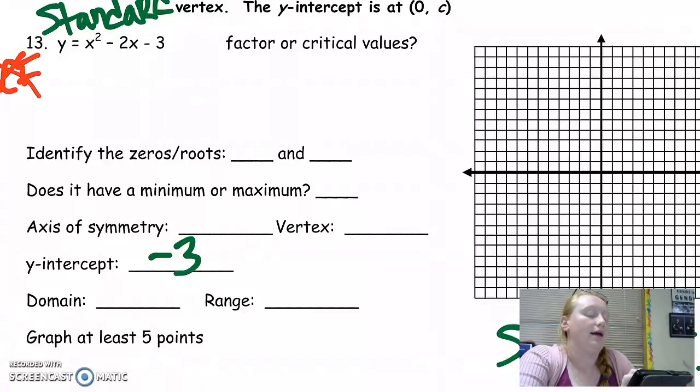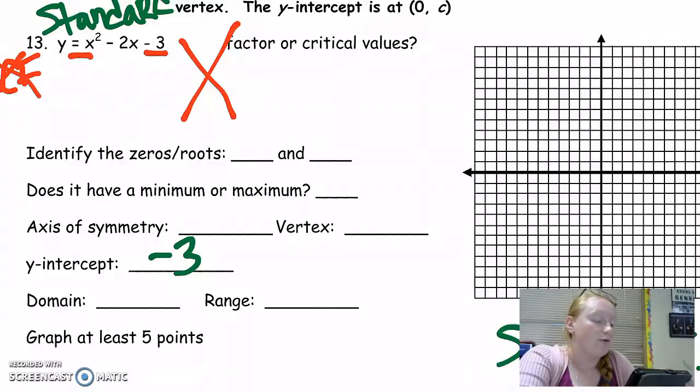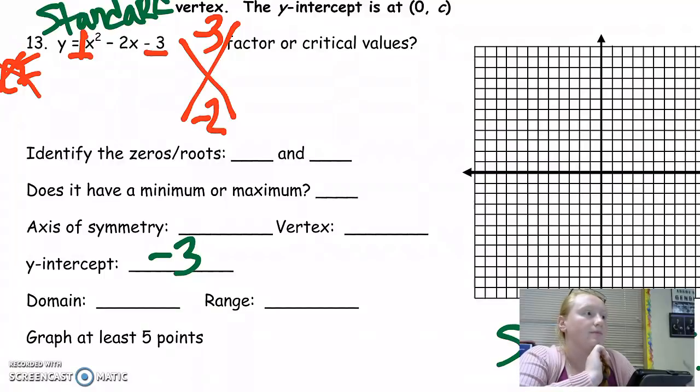No. Okay, I'm going to try the x. So I get -3 times 1. That 1 came from the secret 1 that tells you there is 1x squared there. So -3 goes on the top, and -2 goes on the bottom. I have -3 and -2. What multiplies to -3 and adds to -2? -3 and +1.